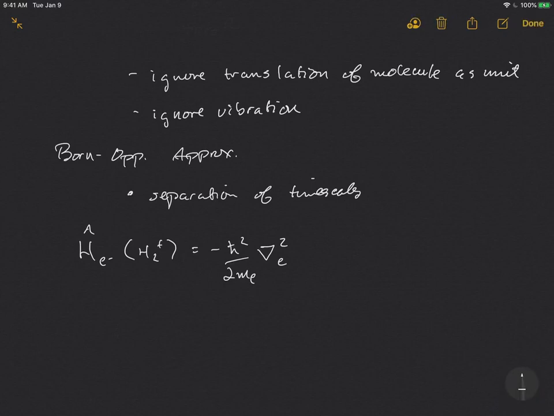And there's just one electron, so there's not going to be two del squared terms, one for each electron. There's only one electron in this molecule ion. We can try adding another electron later, but that's a different model, different Hamiltonian.